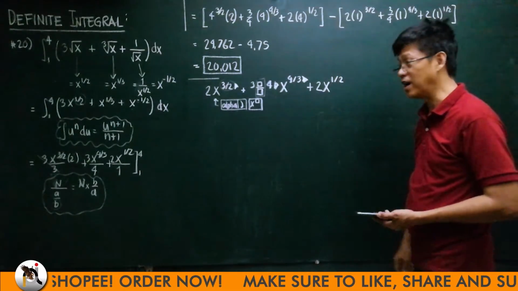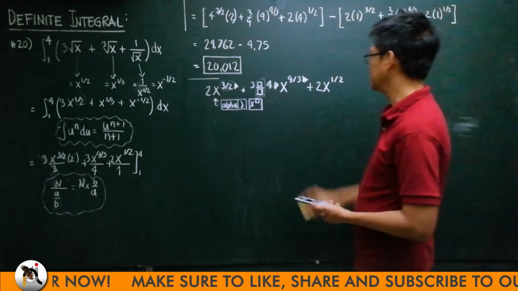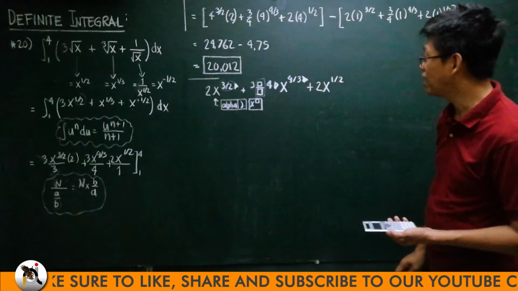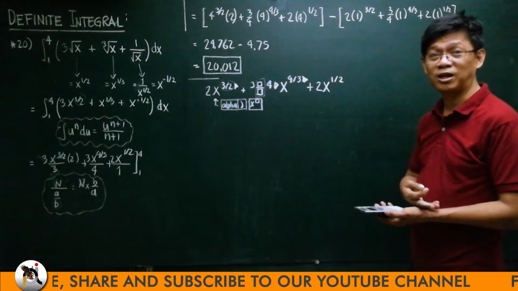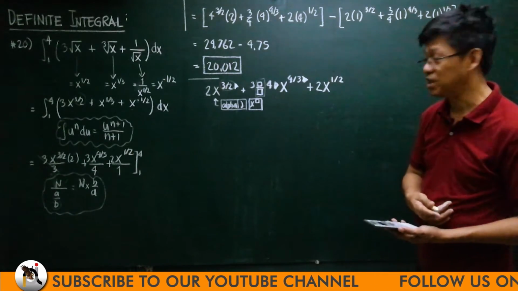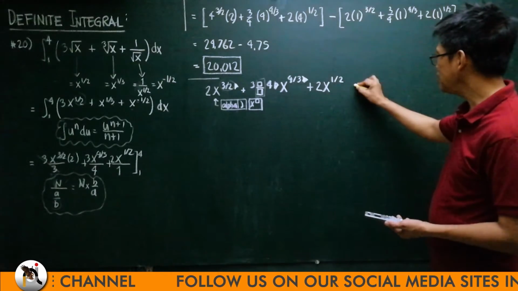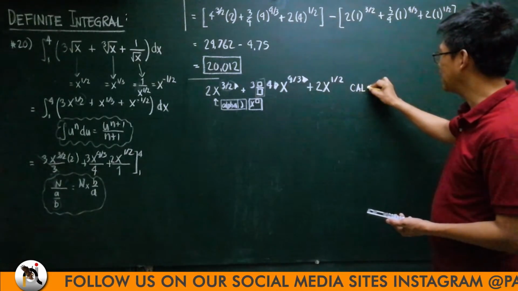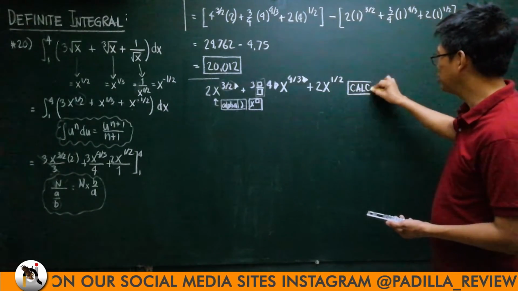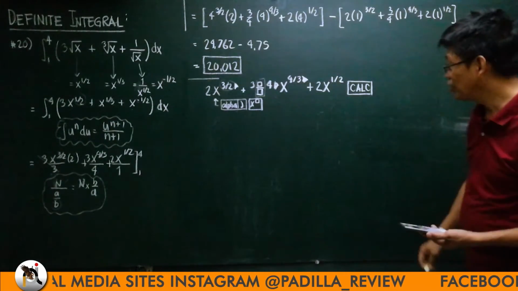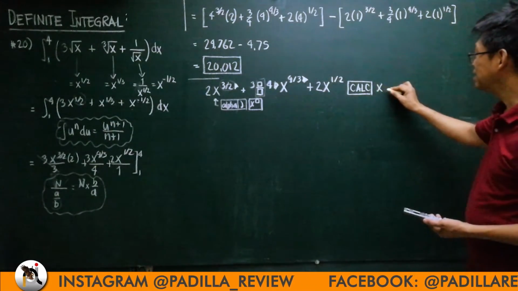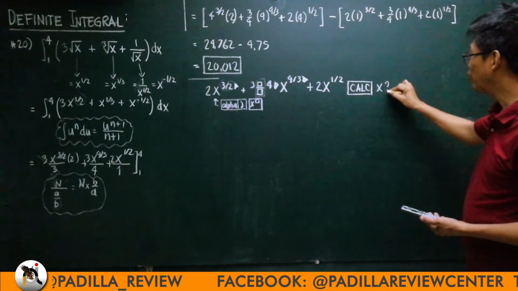You can press divide or you can press this key. You get it? Only the presentation in your calculator will differ, but the operation will be the same. After you enter the entire thing, you press the calc key. Once you press the calc key, your calculator will display what is your x.